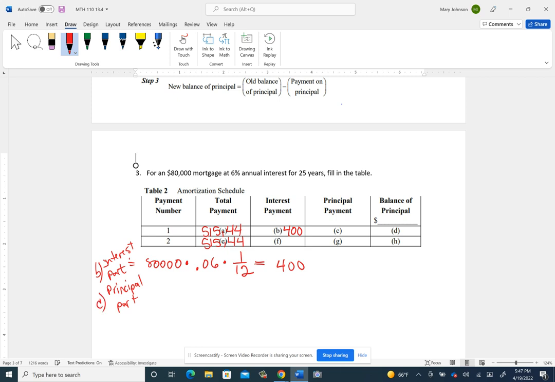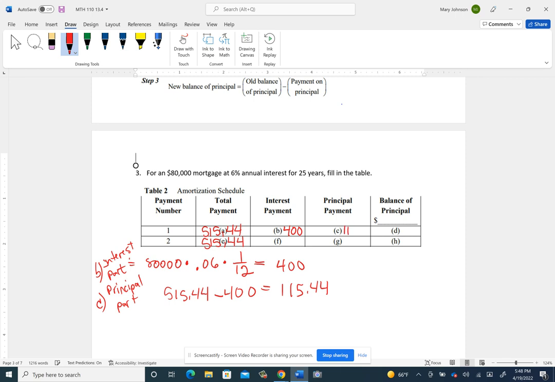To get the part of the payment that goes for principal, I'm going to be taking the $515 payment and subtracting the interest, and that means that $115.44 is going towards paying off my loan.